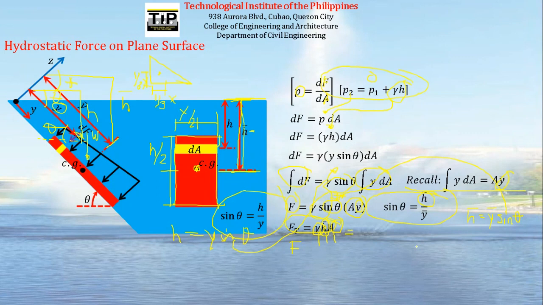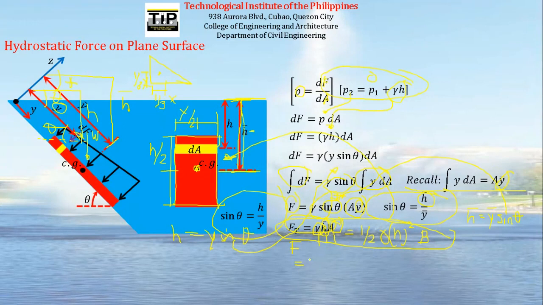Now, if you will look at some books, some references, ganito yung makikita nating formula: 1/2 gamma h squared times b. So itong formula na to is suitable only for rectangular bodies, okay, for rectangular surfaces. Bakit po? Kasi dinerive lang yung or sinimplify lang yung gamma h bar a.